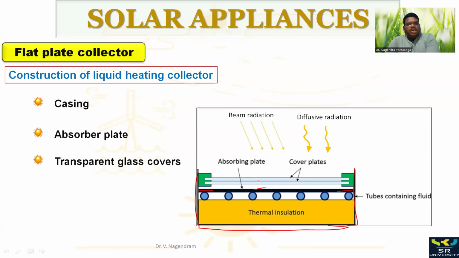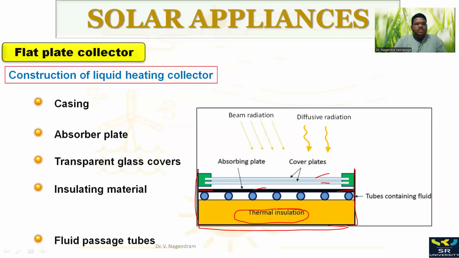On top of that absorber plate, we have the transparent glass covers. Here you can see the two glass covers that we are using to transfer the heat to the black body. Then we have the insulating material. Here you can see the thermal insulation, which avoids heat loss to the surroundings.